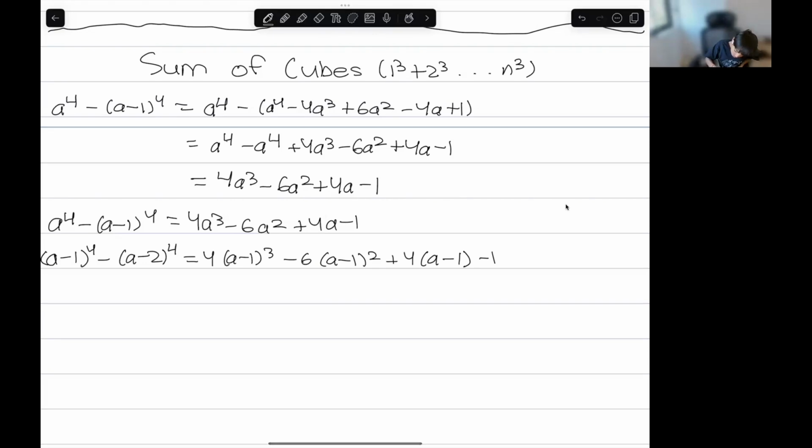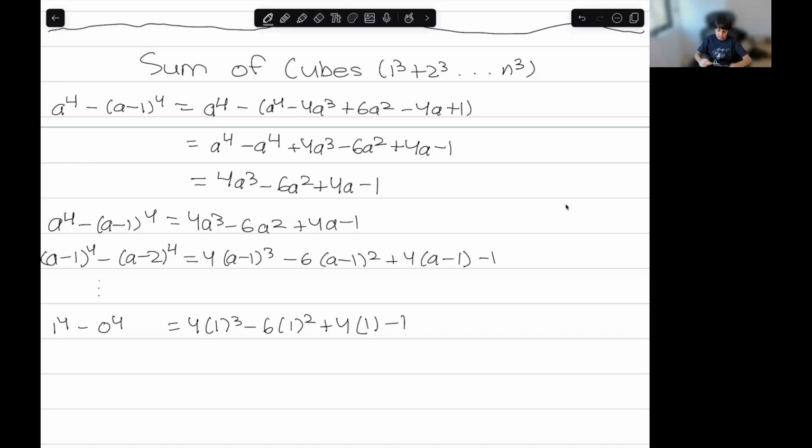I'm not going to continue more, because we already know what to do. This continues down to 4 times 1 cubed minus 6 times 1 squared plus 4 times 1 minus 1. Like last time, we take the telescoping sum on one side, and the other side we can represent again using sigma notation.